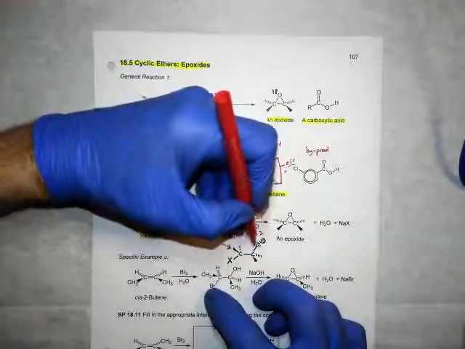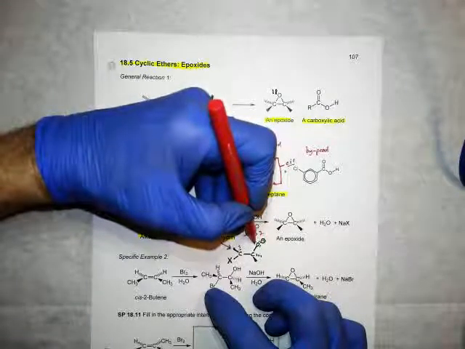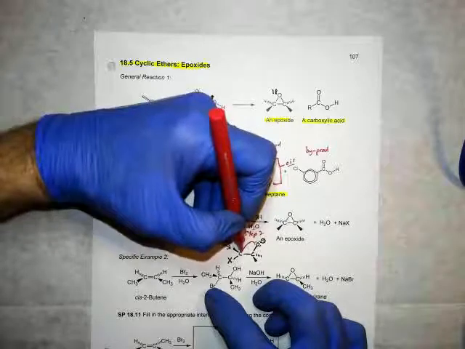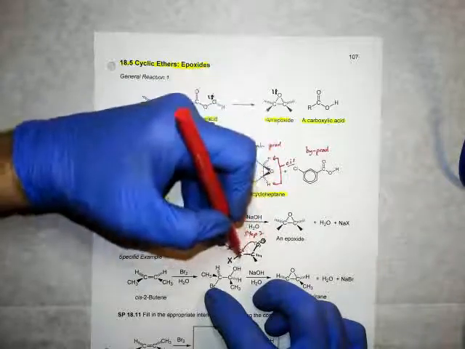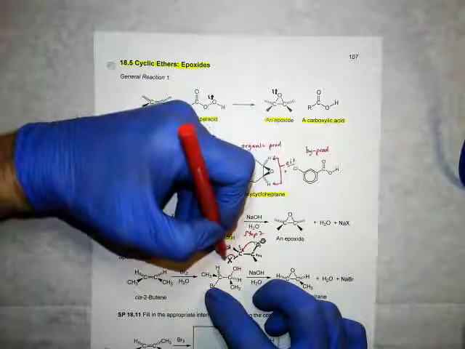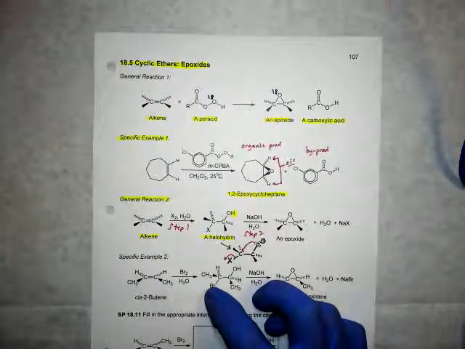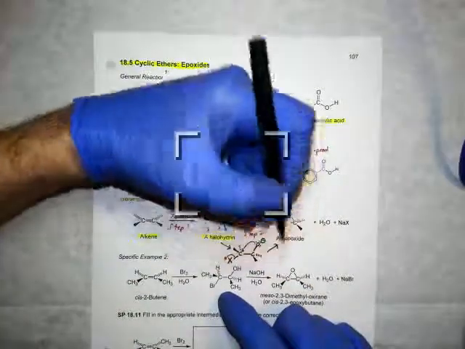Now, provided this system is very dilute, any one of the 3 lone pairs on this oxygen can collide with the adjacent sp3 carbon and displace, in this case, the halogen, which functions as a leaving group. And by virtue of doing that, you end up with an epoxide.